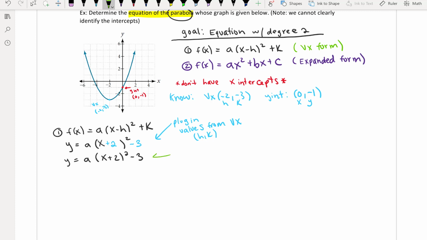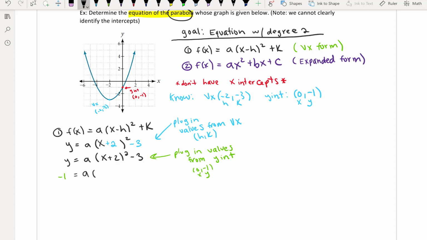So the next thing I want to do at this step is plug in values from my y-intercept. And remember that y-intercept was 0, -1 for your x and your y. So that y value, I'm going to plug in a -1.